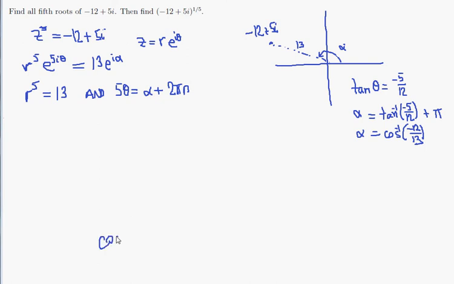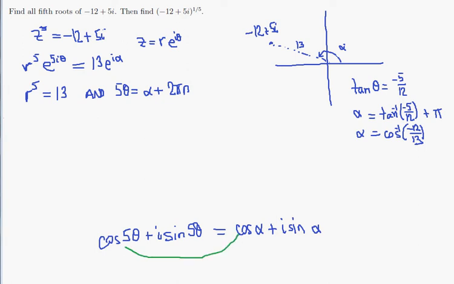Remember that e to the 5i theta is cosine 5 theta plus i sine 5 theta. And this part has to be equal to e to the i alpha, which is cosine of alpha plus i sine alpha. So the two cosine terms have to agree, and also the two sine terms have to agree.